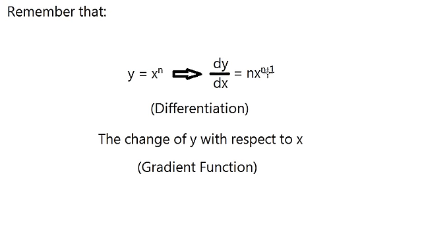And yeah, just basically move that value to the front and reduce the power by 1. If it's x to the power 3, then it's going to be 3x squared. If it's x to the power of 1, which is, well, x, then it's going to be 1 times x to the power 0, which is 1. So that's quite simple, really.